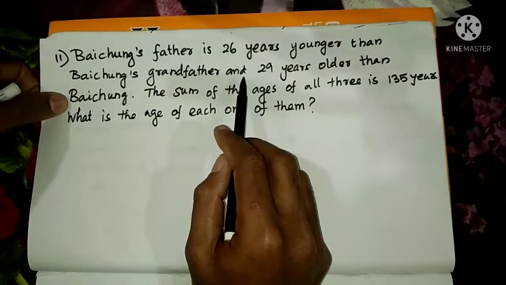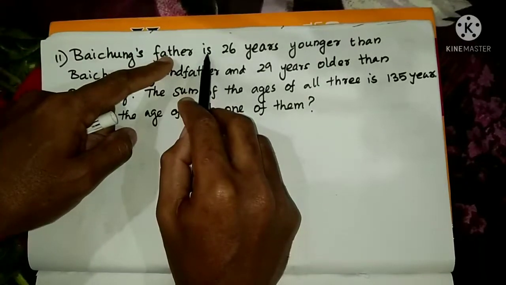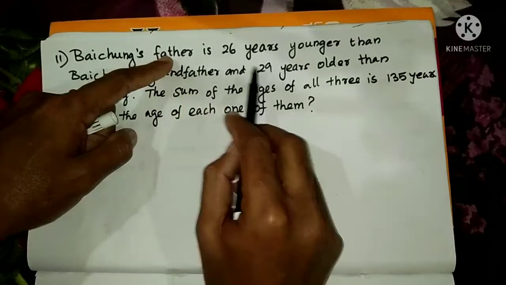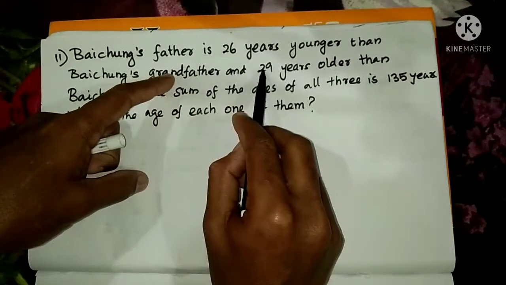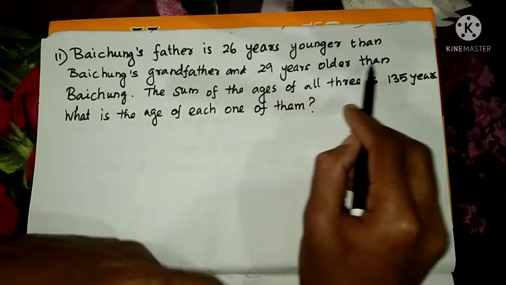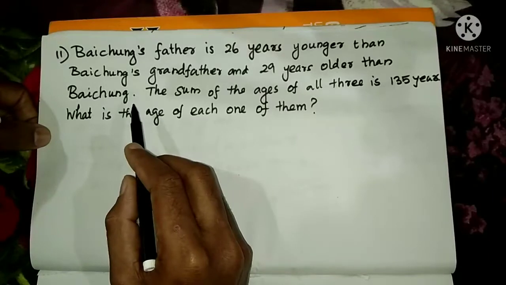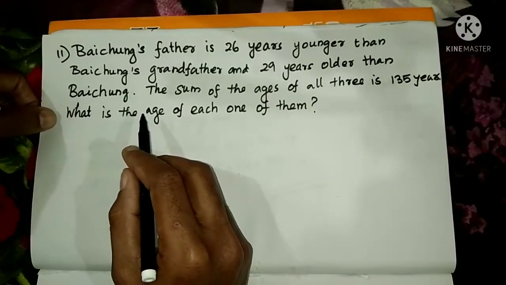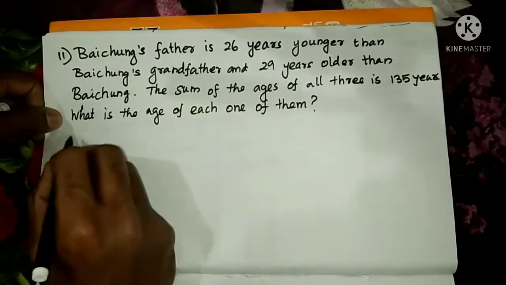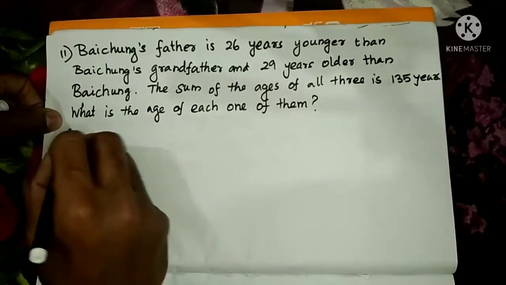And Baijang's father is, here they say 29 years. Baijang's father is 29 years older than Baijang, which clearly says Baijang's father is 29 years older than Baijang. So we have to find their present ages.